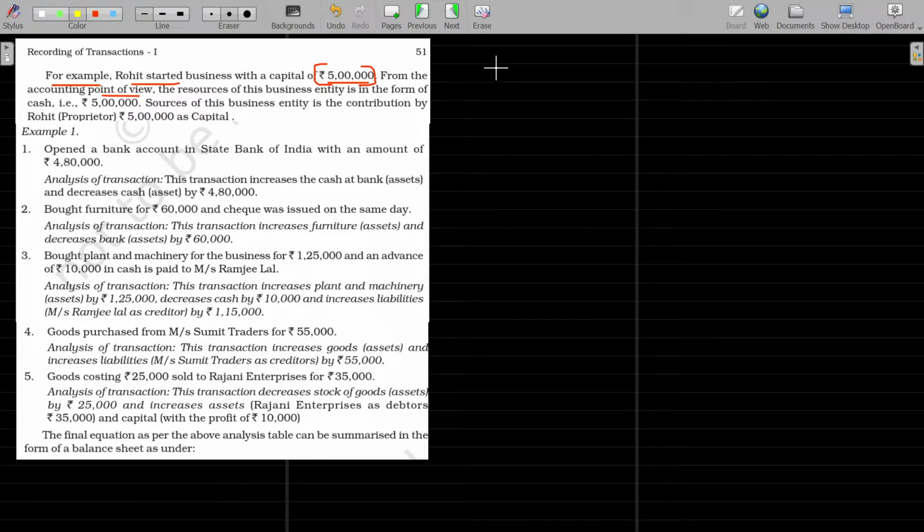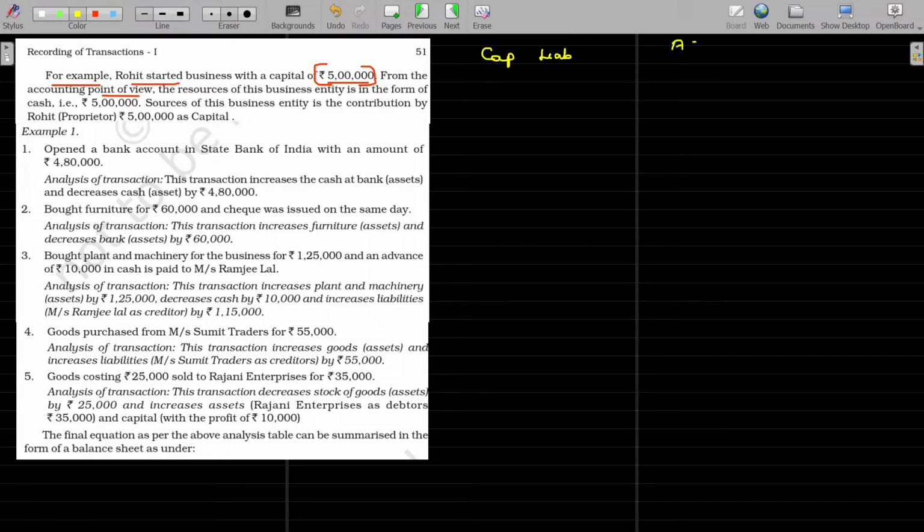So I'll do it this way. Capital and liability. Then assets.